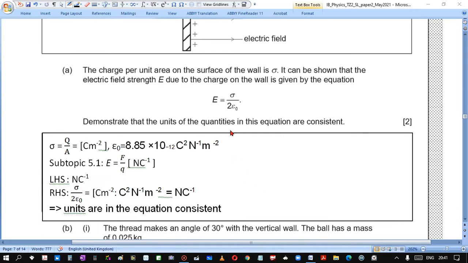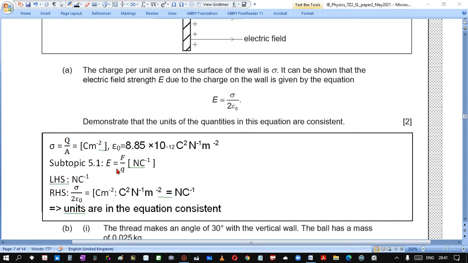So for sigma we get charge density. It is charge per unit area, so the unit is coulomb per meter squared. Then we take from the booklet the unit for epsilon 0 and value.